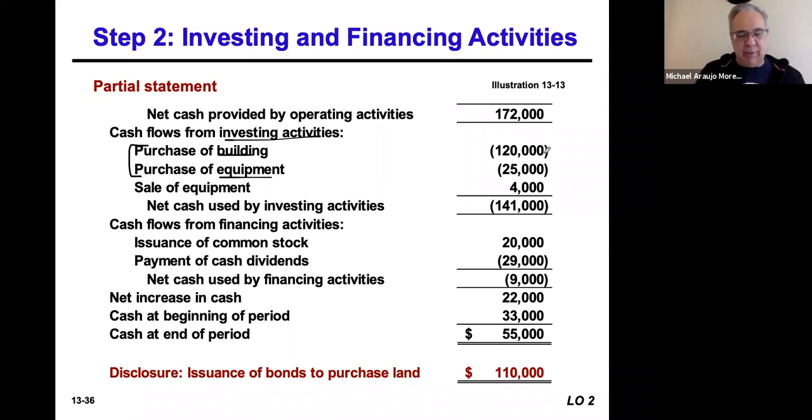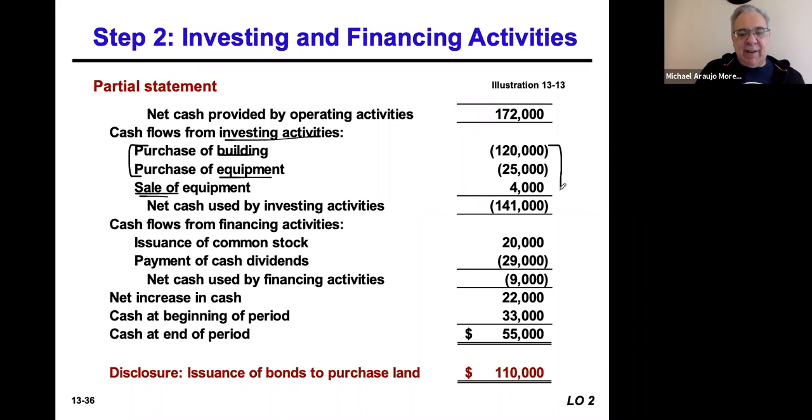Cash had to flow out to buy the building, had to flow out to buy the equipment. That's why these are listed in this way. We sold that used equipment. We got $4,000 for it. Well, again, the sale of equipment brought in $4,000 cash. It's a positive number only because it represents cash coming in.